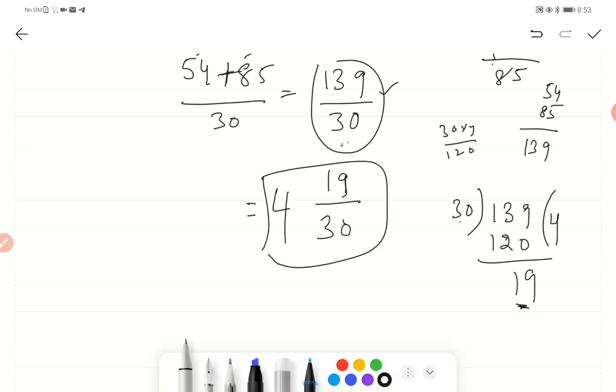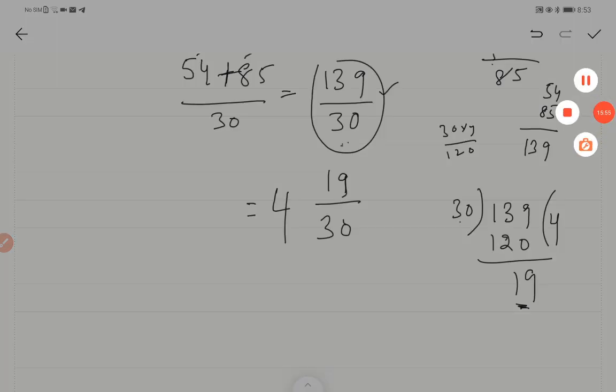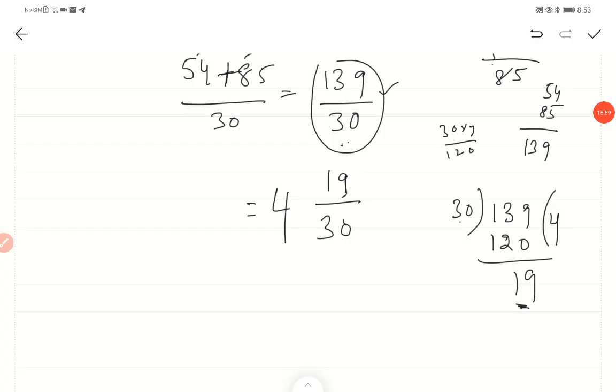If you have any doubt, we can discuss in the class. Practice is very much important. I think we will stop for today here. Try to solve some problems which I'm going to give you now. I will give you 2 problems as homework. 5 1 by 4 minus 2 5 by 6.